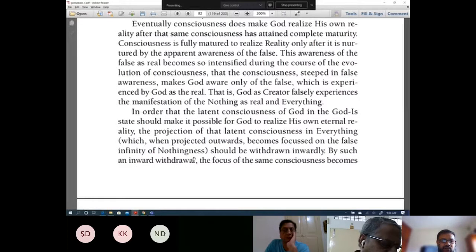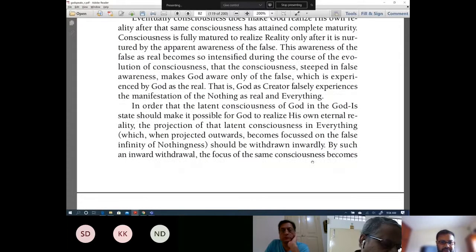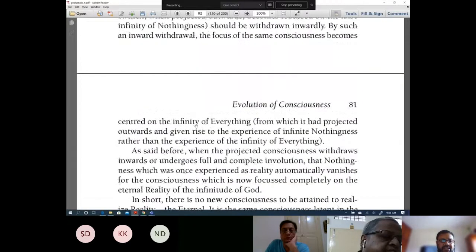By such an inward withdrawal, the focus of the same consciousness becomes centered on the infinity of everything, from which it had projected outwards and given rise to the experience of infinite nothingness rather than the experience of the infinity of everything.